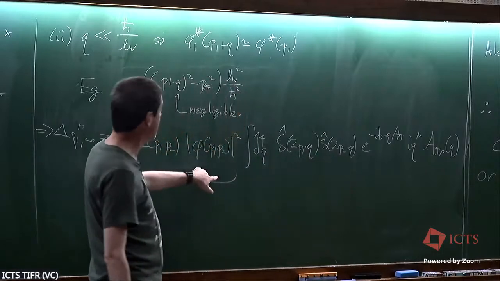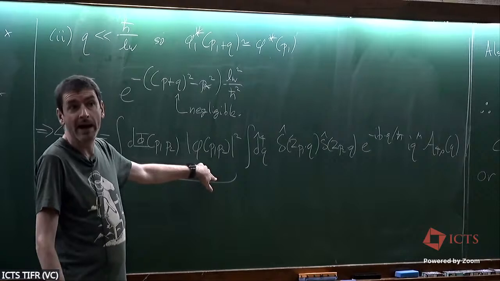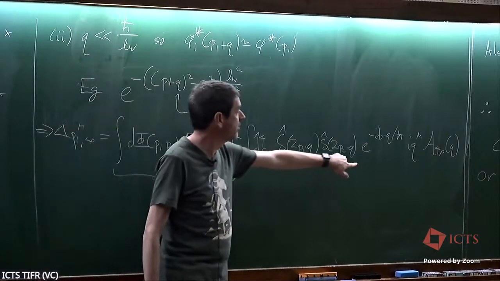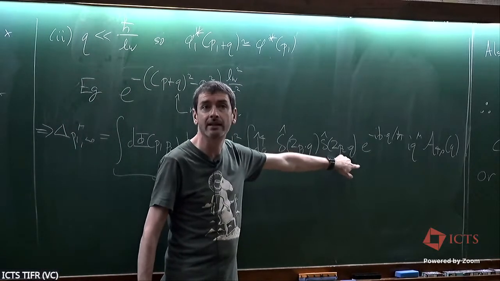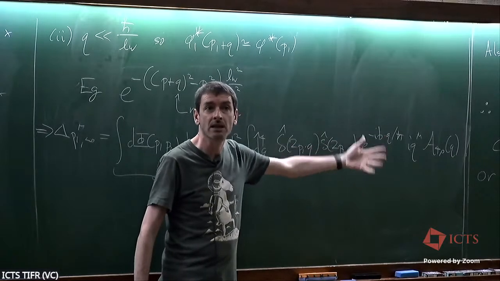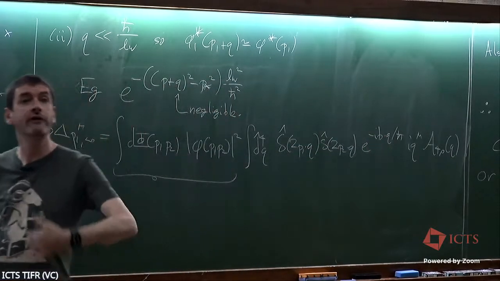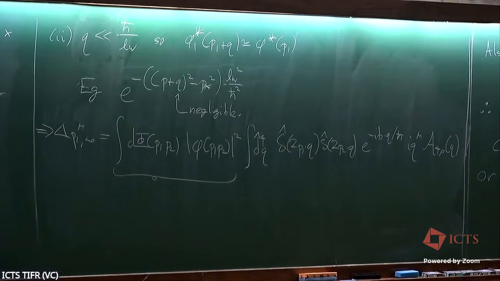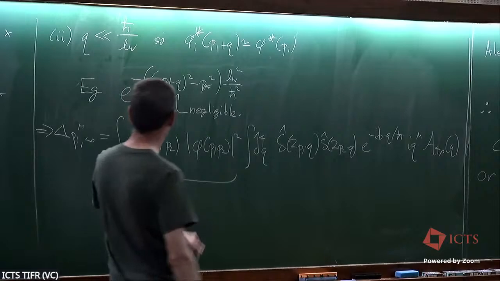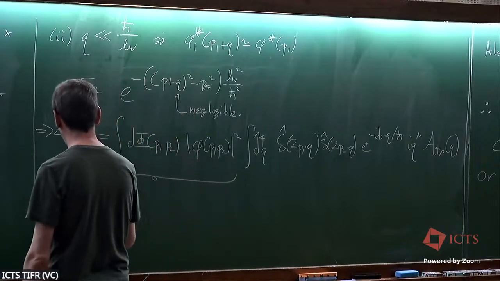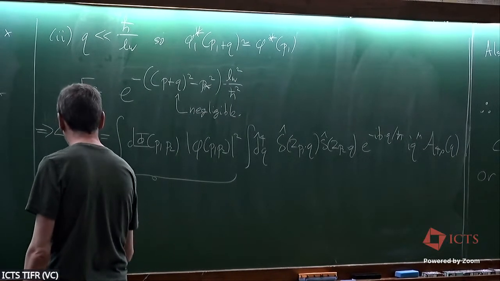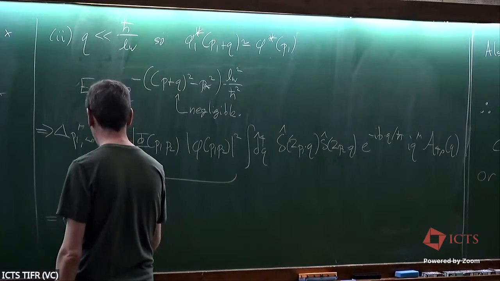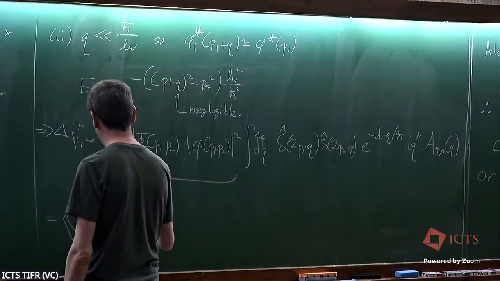I have integrals over some momenta, but what they're really trying to do is just to evaluate the momenta in here at their classical value. Now, rather than introducing a notation for the central value of the wave packet, I'm just going to write this integral in terms of an angle bracket notation. So write it like this.